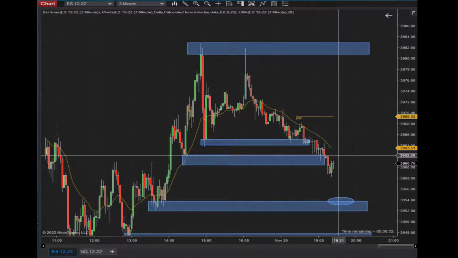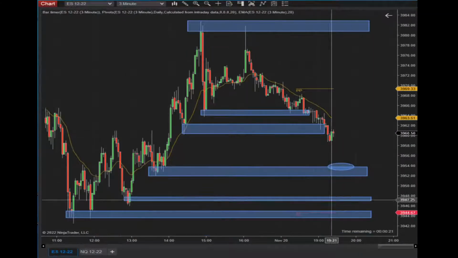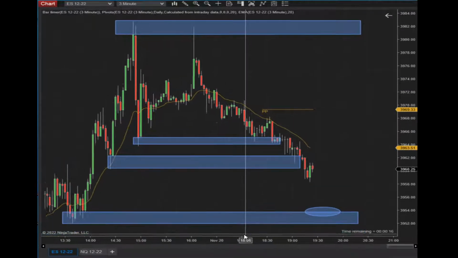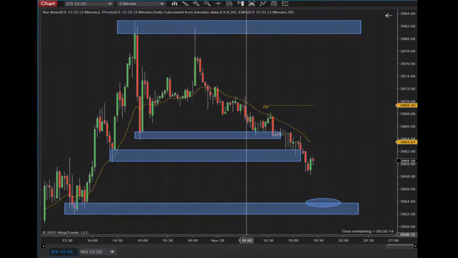So it's showing a little bit of an indecision right here. Not a whole lot of movement. Let's get this full. Come on.